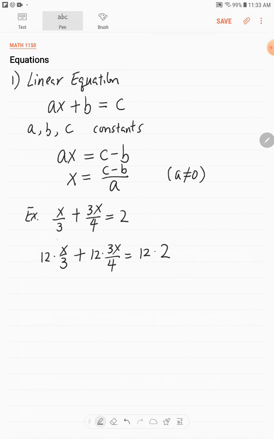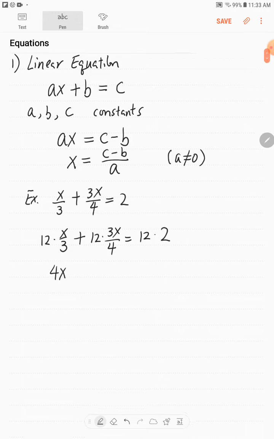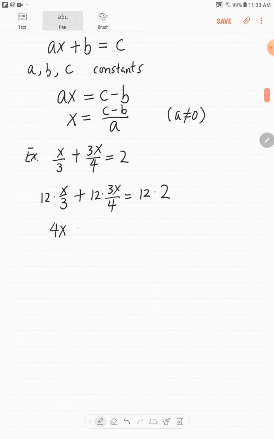Okay, so this one will give you what? Gives you 4x, right? And this one would be 3 times 3x equals 9x. Okay, so here is 1, here is 4, right? So you have 4x. So this is 24.